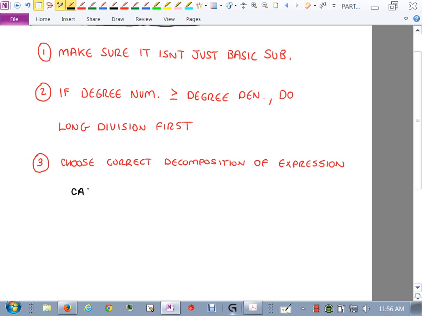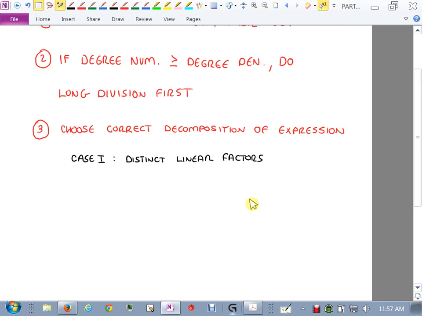You could have case 1 where you have, I want to follow the book's language here, distinct linear factors. Distinct linear factors.